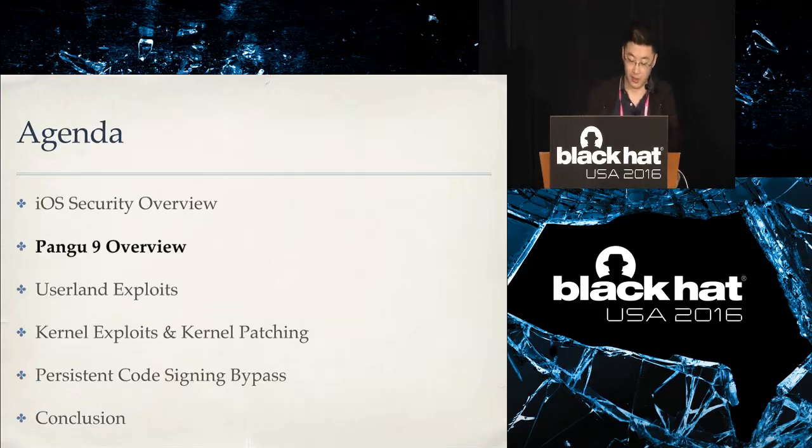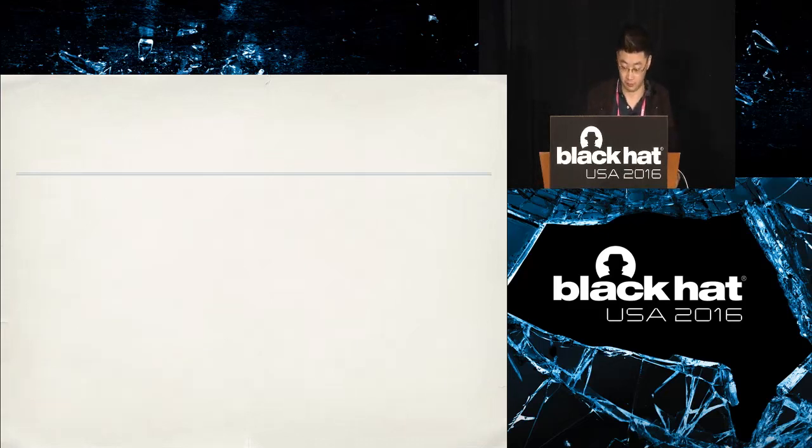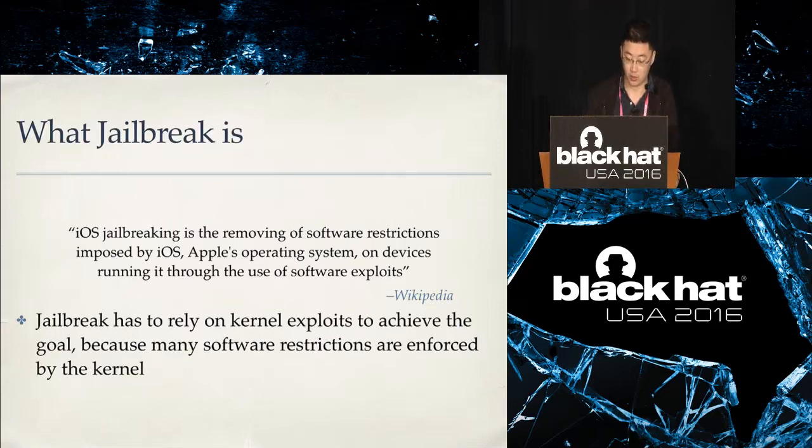Now, let's see how we designed Pangu 9. Just in case some people here have no idea what jailbreak means, jailbreak is a process to remove some of the software restrictions imposed by iOS. We know there are a lot of security mechanisms we just described, like code signing, the sandbox, and the lack of root access to the file system, and so on.